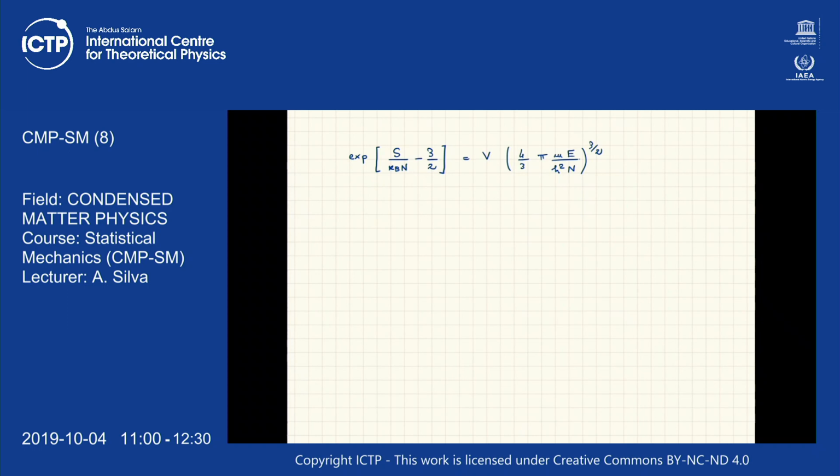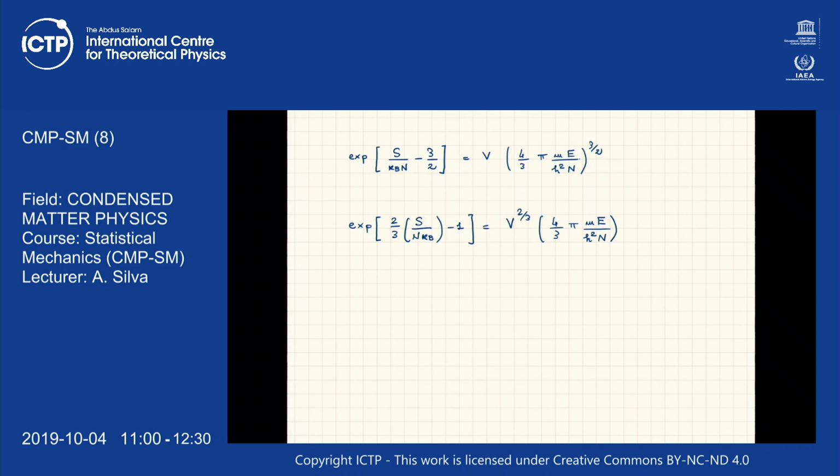Great. So now let us take both sides of this equation to the 2/3. Okay. And therefore I will get exponential of 2/3 S over n k Boltzmann minus 1, and then I will have V to the 2/3, and then I will have 4/3 pi m e divided by h squared n.